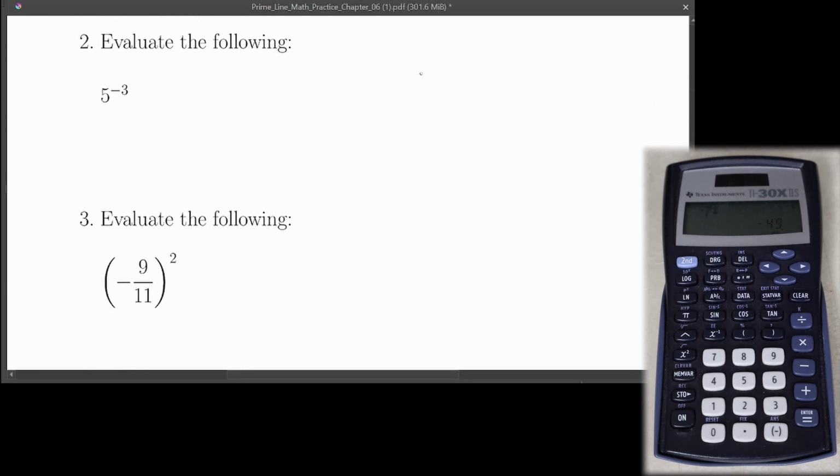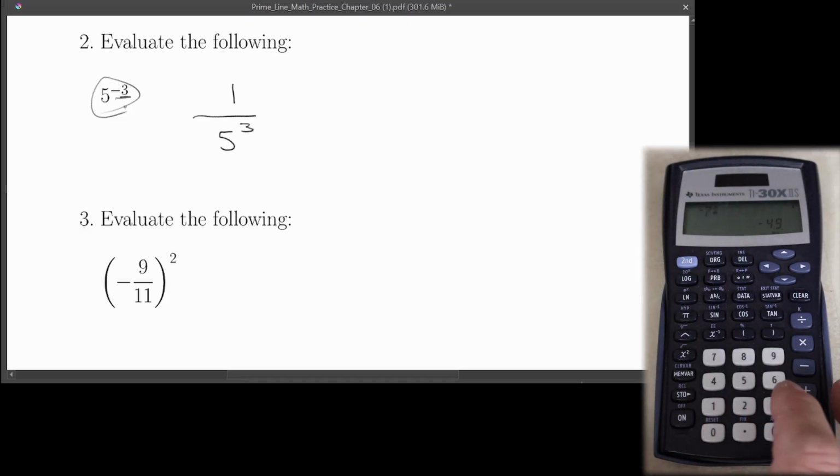Okay, exponents that have negative values, like we're seeing here, 5 to the -3. This negative sign means that we could write it as a fraction version of 5 cubed. These two are equivalent. This version just shows it as a non-fractional version.